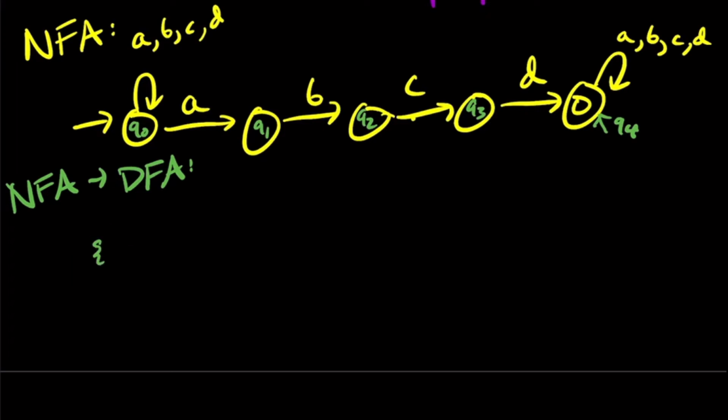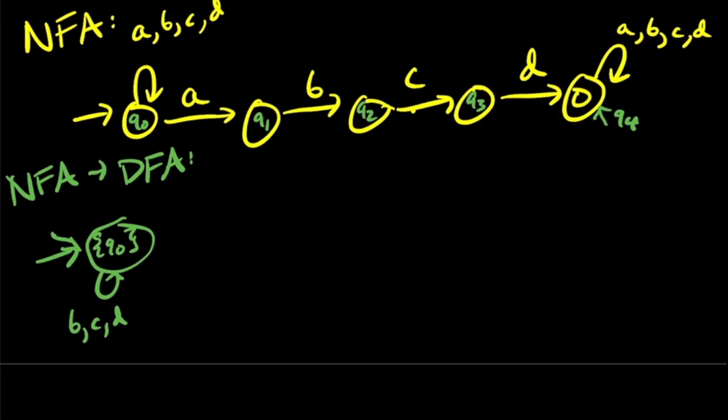I'm going to name it the set Q0, because with an NFA, I can be in multiple states at the same time when I'm doing the conversion. So when I have a B, C, or D here, then I'm just going to stay there because there's only one transition involving them up here. If I have an A, then I can be in 0 or 1. So I need to have an A transition, which goes to Q0, Q1.